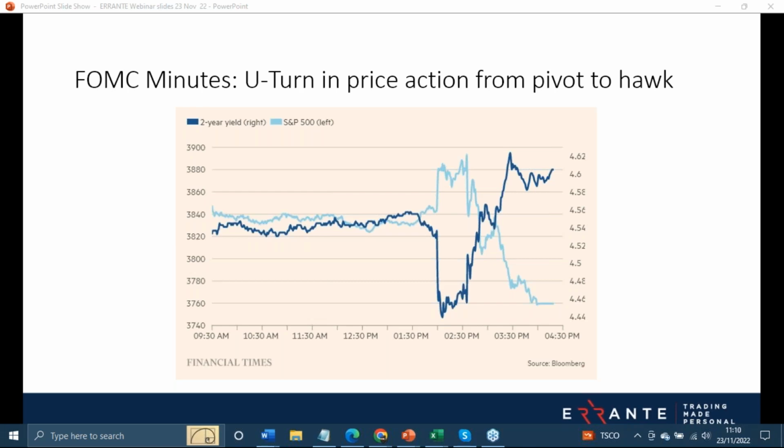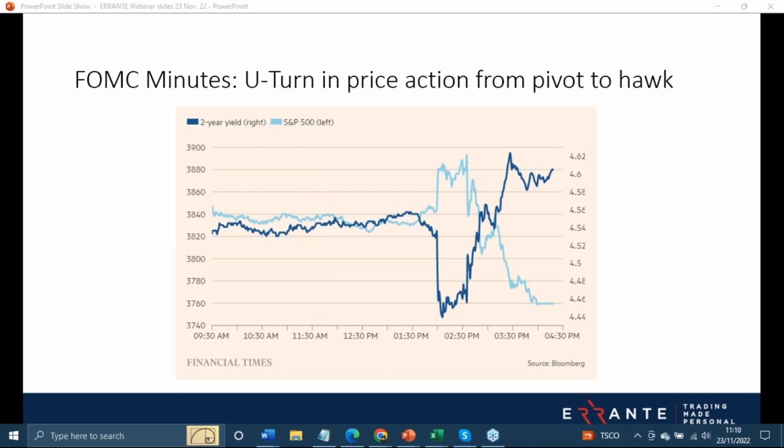Stocks went bid. They were up, I think the S&P over 1% at the time very quickly, and yields sold off, the dollar sold off. But then very quickly, once Fed Chair Powell appeared for his press conference, he changed this, decided on this shift in the narrative from the size of the rate hikes to an emphasis on the peak terminal rate.